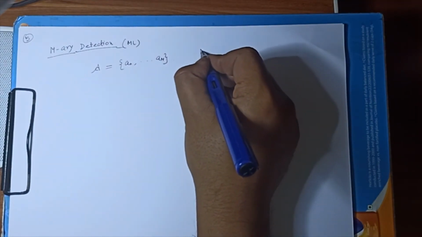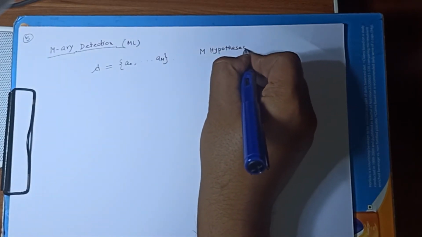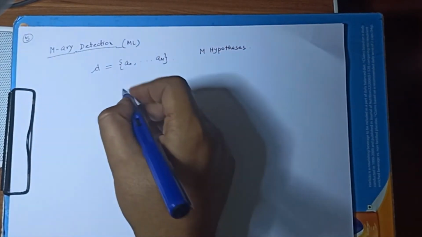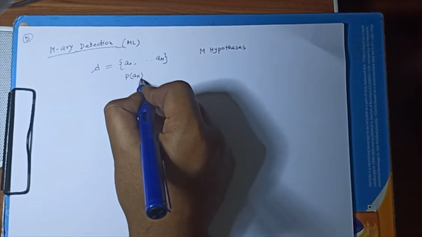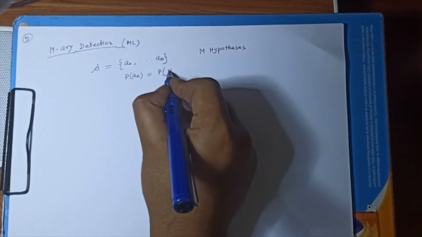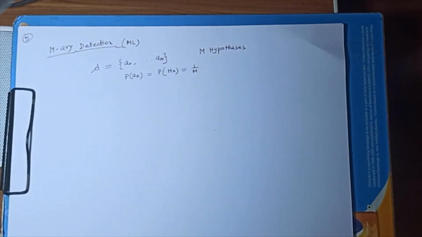So how many hypotheses? Of course, you have the hypothesis number M. So you have a total of M hypotheses. The probabilities I am assuming to be all of them equal, probability of Hk is 1 by M, equally probable.